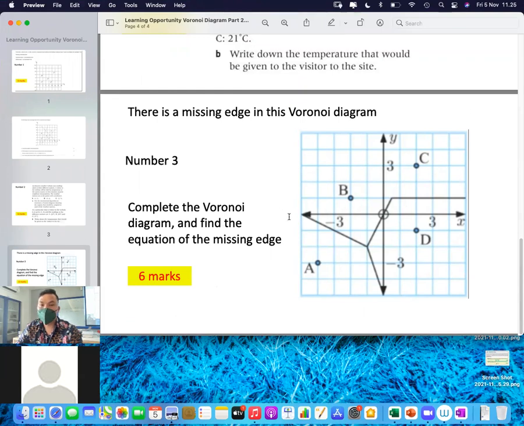If we want to know the diagram, we have to find the individual equations of the edges of all. You get it?